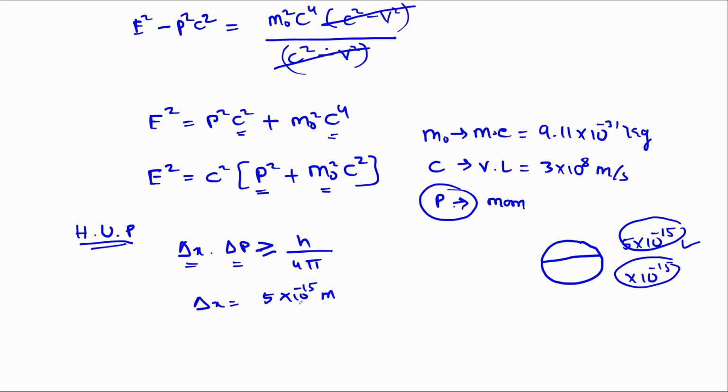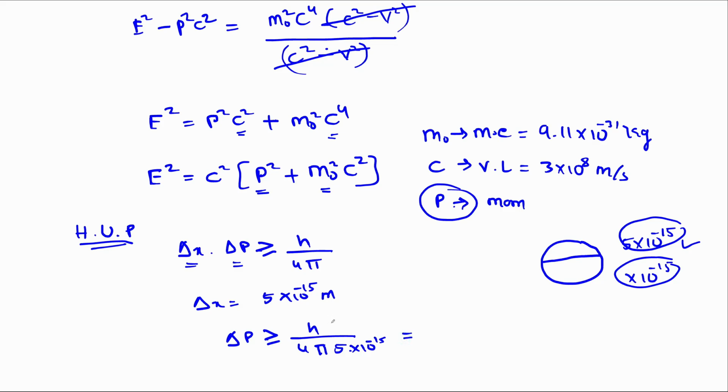Now take the known part on one side and the unknown part on the other side, that is, delta p is greater than or equal to h by 4 pi into 5 into 10 to the power minus 15. If we substitute the values, h is Planck's constant.